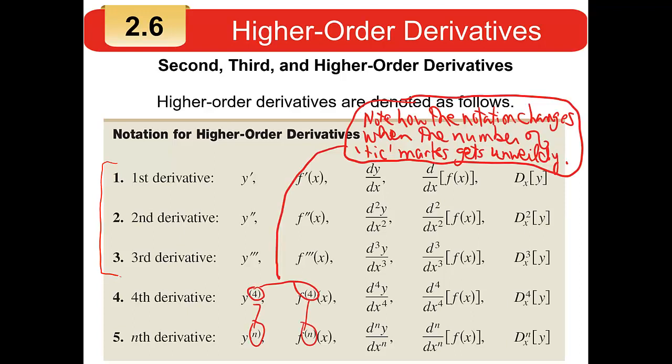So if you wanted the fourth derivative, you would do y to the power of, and in parentheses, you would put a 4. If you wanted the fifth derivative, it would be y to the power of 5 in parentheses. And in general, the nth derivative would be y to the power of n in parentheses.